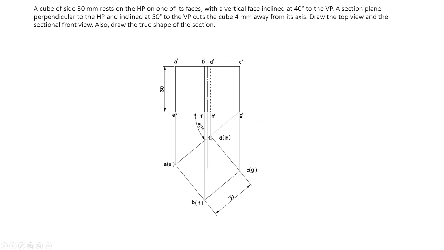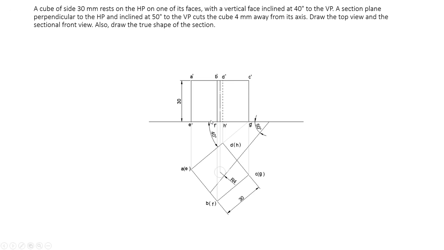To find the invisible edge, you consider left and right extremes. Whatever points are coming upward of the left hand extreme will be invisible. That means D and H, the line DH will be invisible. So you use a dotted line to represent that. So that is the D dash H dash line. In front view, the D dash H dash line will be a dotted line.